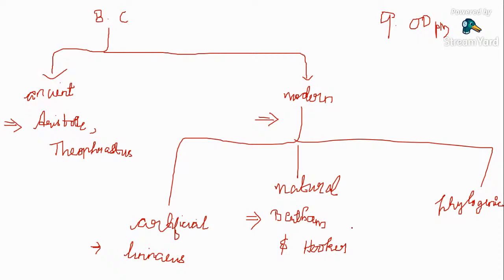The phylogenetic system of classification is proposed by four scientists, that is Engler and Prantl. I'm not getting space there, so I'm going to write here.